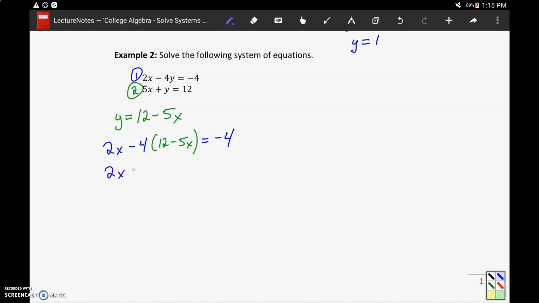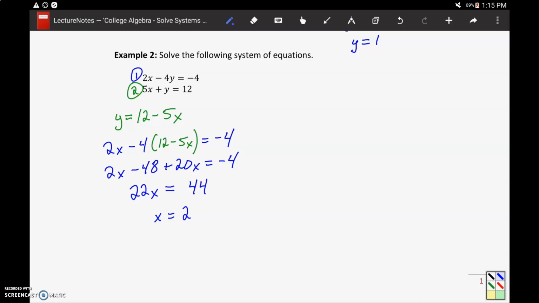So distributing our 4 through will give us minus 48, and then minus 4 times negative 5 will give us plus 20x is equal to negative 4. So we'll get 22x, and then adding 48 to the other side will give us equal to 44, or x is equal to 2.